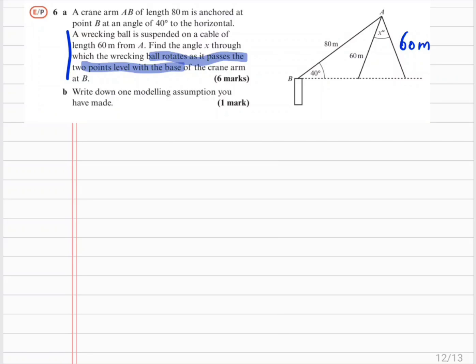The analogy is that it's part of a circle with center A and radius 60 meters, so every position of the ball is exactly 60 meters from A. That's essentially what's happening here. And interestingly, this means that we have an isosceles triangle, which is going to be very helpful in this question.